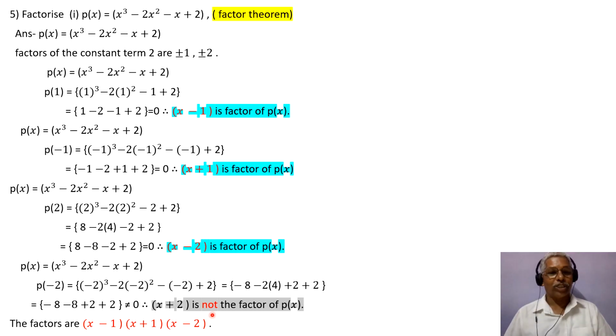So x plus 2 is not a factor of p(x). I think you can skip this in the exam, but we have to find all this by this method. So the factors of the above polynomial p(x) are x minus 1 into x minus 2 into x plus 1. I'm taking it this way: x minus 1 first, then x plus 1 second, and x minus 2. Anyway, that is also correct.